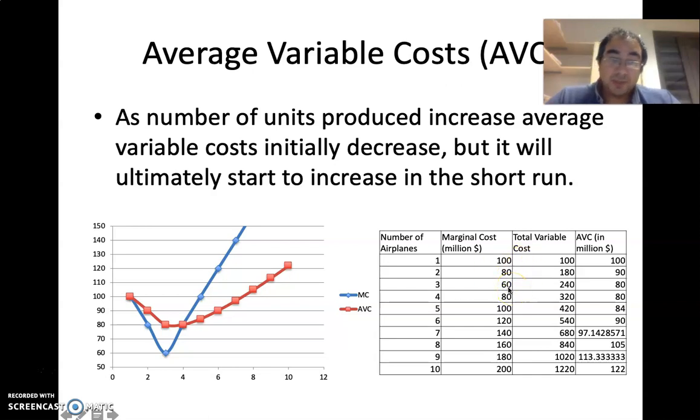So marginal cost, when it starts to move down, will be lower than the average variable cost. When it starts to move up, initially it will still remain lower than the average variable cost, so it will still continue to pull the average variable cost down. But after the point when marginal cost exceeds the average variable cost, now it will start to pull the average variable cost up. So average variable cost will have a U shape, basically.